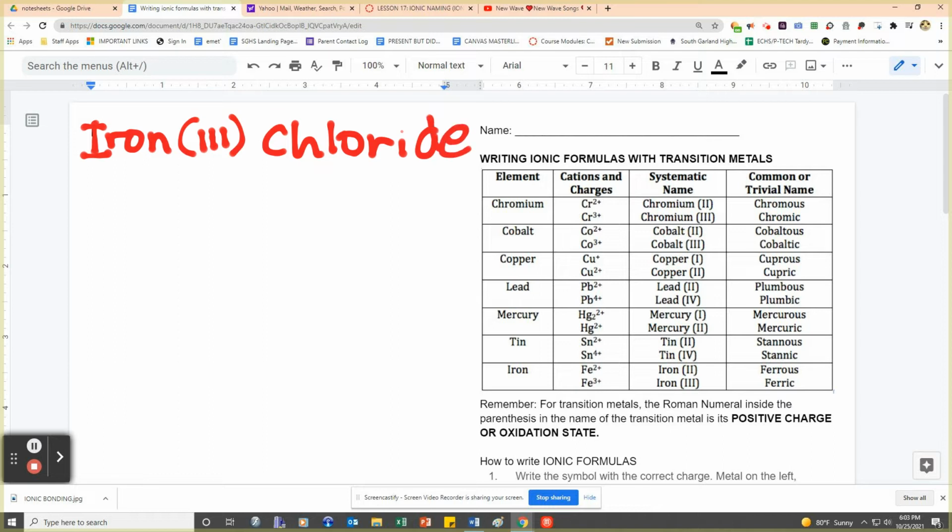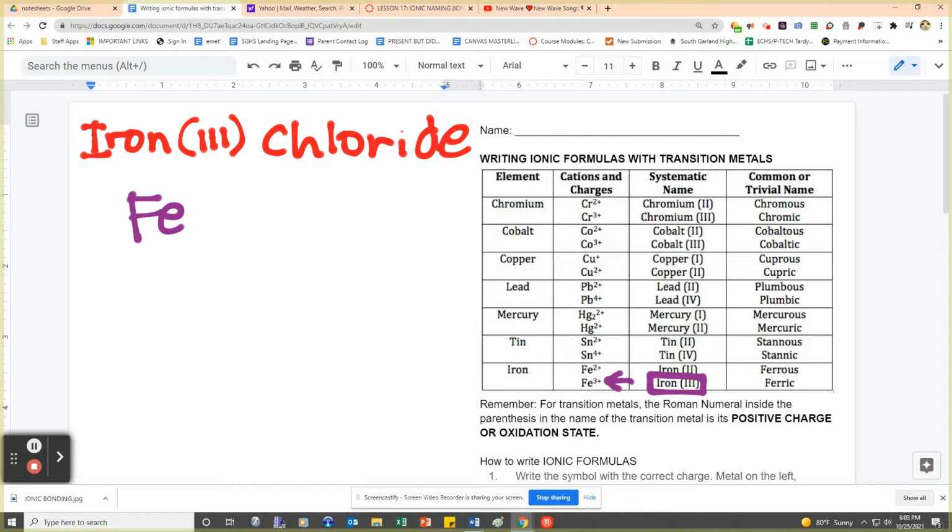If you look at your periodic table, you're going to find out that iron, Fe, is a transition metal. The question now is, what's the charge? If you look at the list, you're going to see that for iron 3, the charge is positive 3.